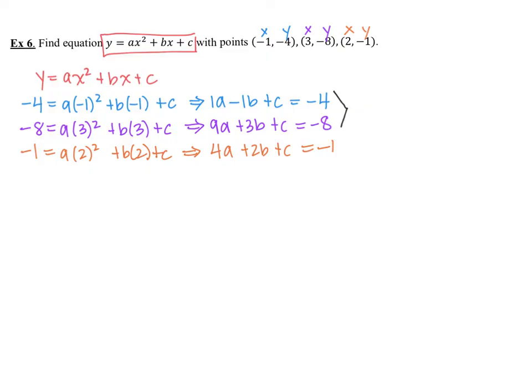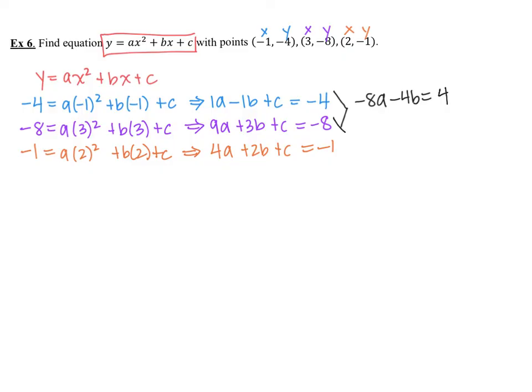If I subtract these equations, 1a minus 9a gives me -8a. -1 minus 3 is going to give me -4b. Equals, I skipped. C minus c cancels, equals -4 minus -8, which is -4 plus 8, which is going to go to a 4.